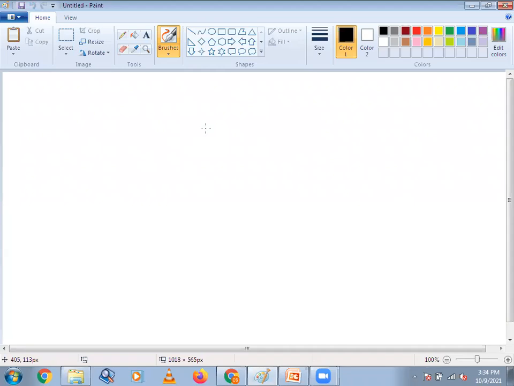Then 10n square plus 4n plus 2 which is less than equal to 11n square.